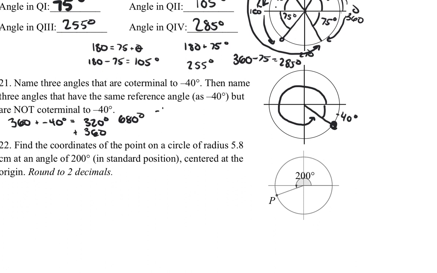So if I did minus 360, I'm going to get negative 400 degrees. So that would be 3 coterminal angles: negative 400 degrees, 320 degrees, and 680 degrees. So these are all coterminal.